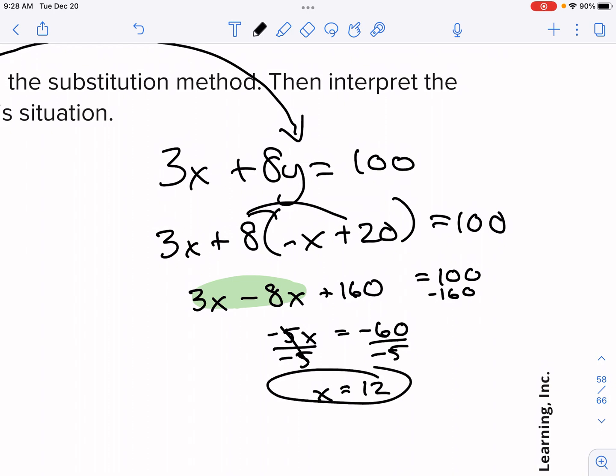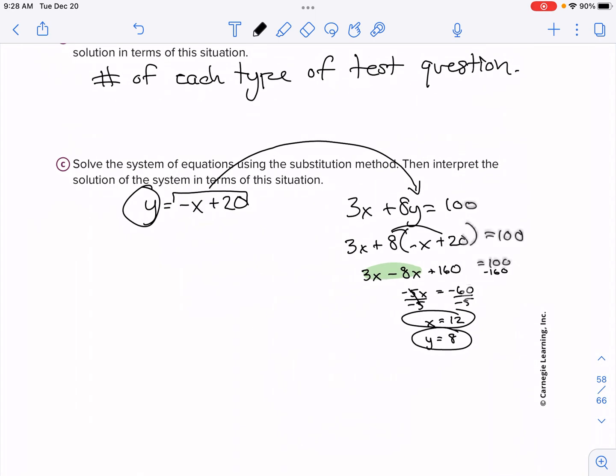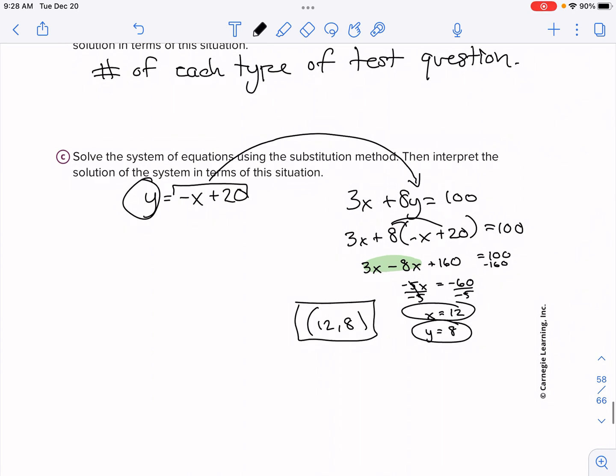All right, so we have the value for x, which represented the number of multiple choice questions, which is 12. So there's 12 multiple choice questions. We know that the whole thing is 20 problems, so if 12 of them are multiple choice, that means 8 of them have to be open-ended. 12 plus 8 equals 20. We'll write this as a final answer of 12, 8. We'll box this. Let's write a sentence because we have to interpret our solution.